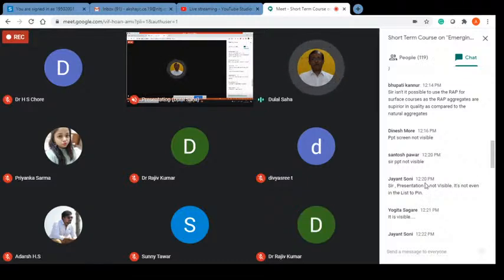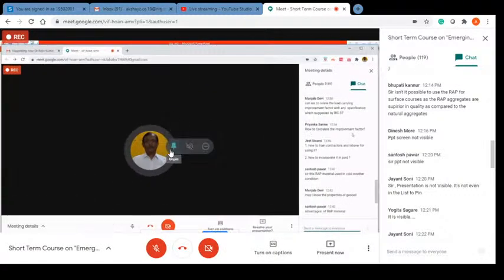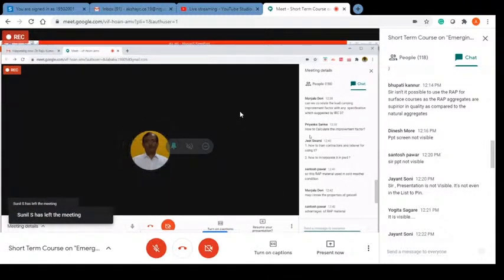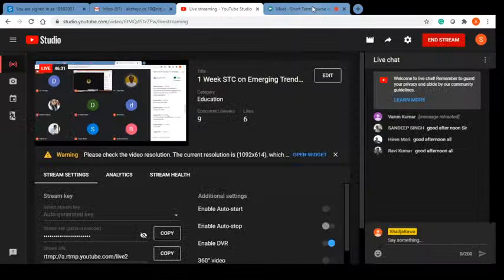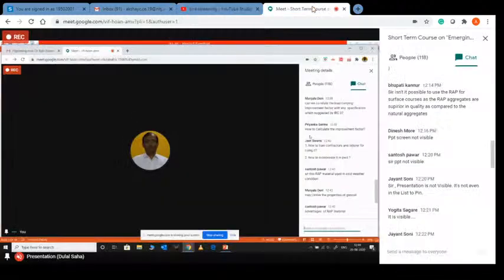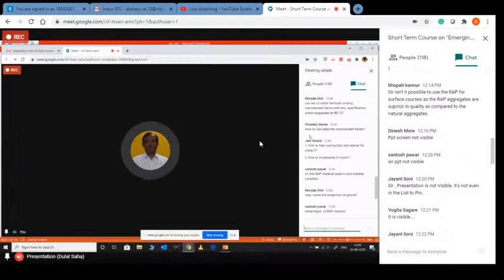And then the second question was from Ms. Priyanka Sharma. How to calculate the improvement factor? As I said, we have taken the load settlement diagram, normalized load settlement diagram, and then compared when the settlement is stabilized, compared the loading, compared the load carrying capacity for this specific settlement for various types of material.